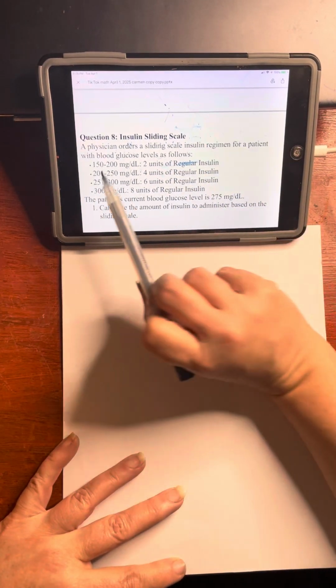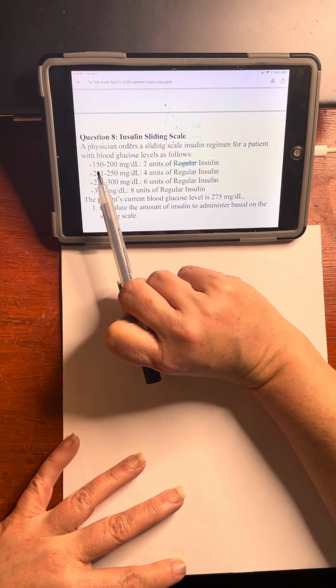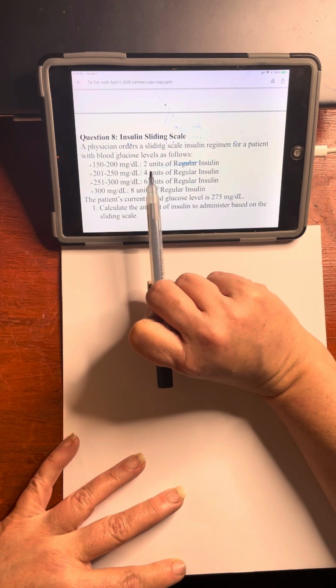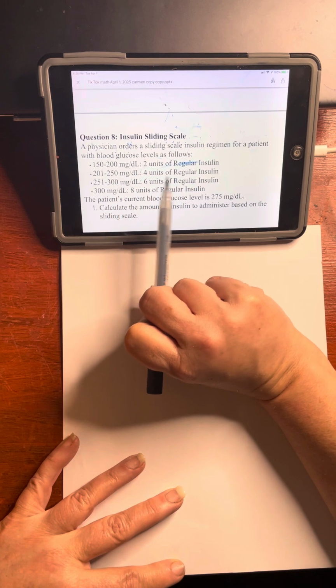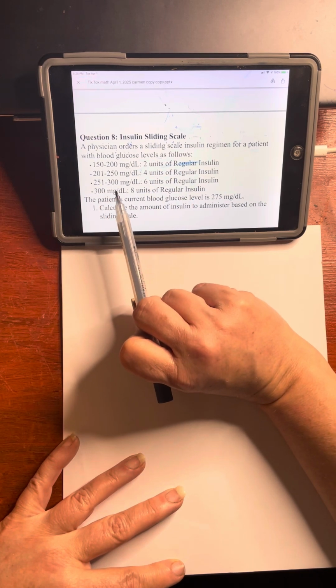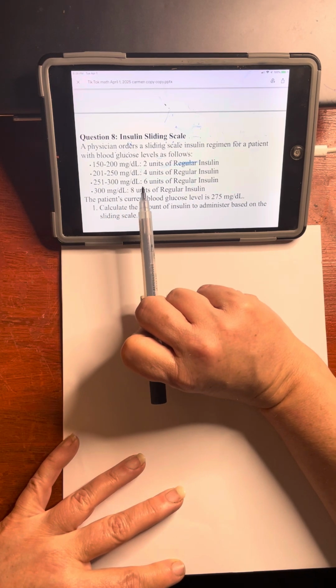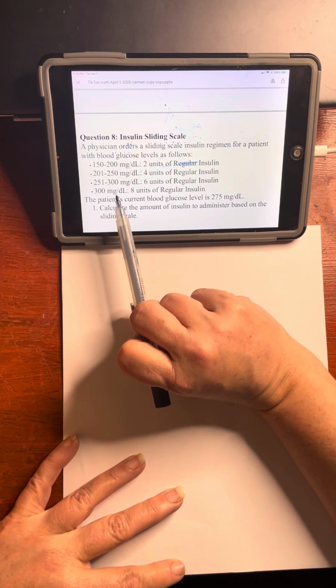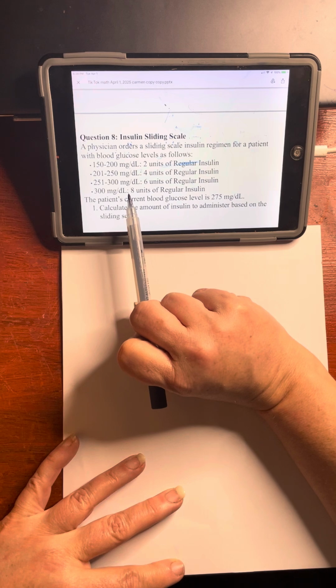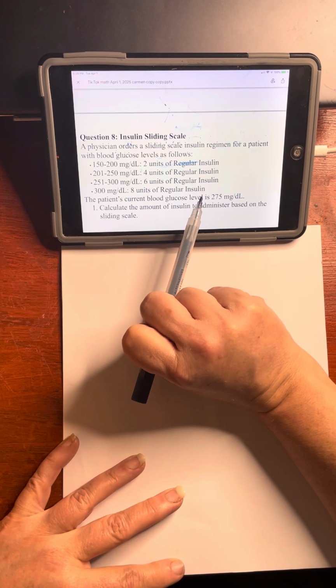And then we got to come here, and if it is between 150 and 200, they got to get 2 units of regular insulin. 201 to 250, 4 units. 251 to 300, 6 units. And then over 300, we're going to give him 8 units.